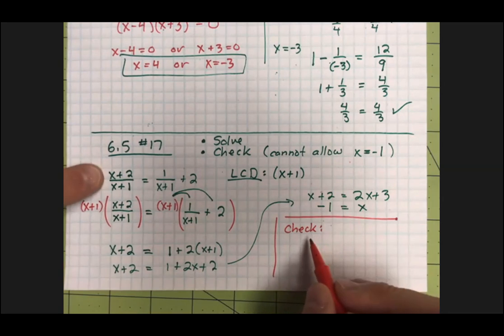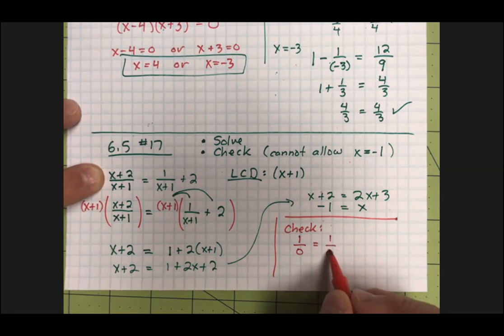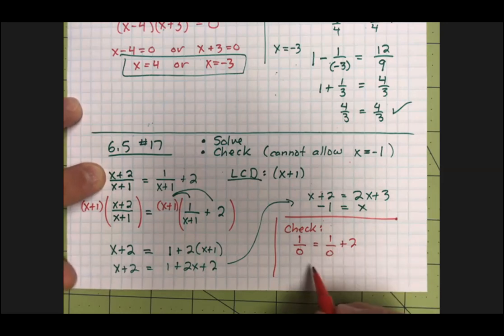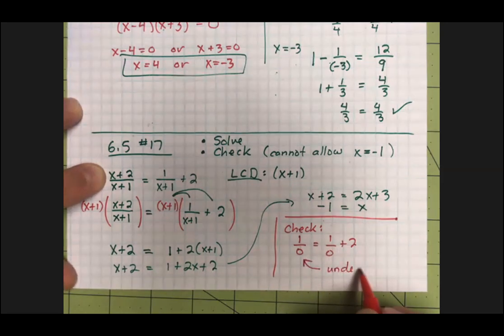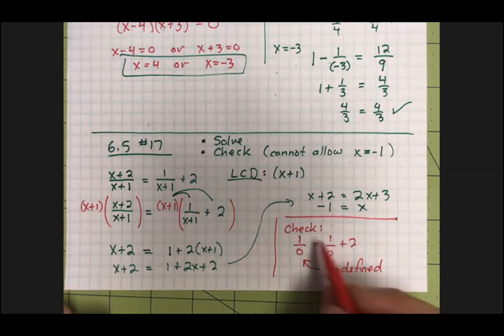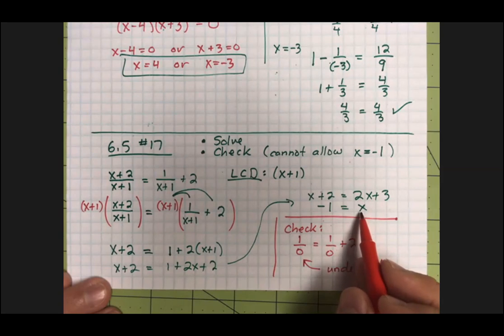I mean, let's put minus 1 in here. I get 1 over 0 equals 1 over 0 plus 2. There is no 1 over 0. 1 over 0 is not defined. So this solution that I found doesn't work.